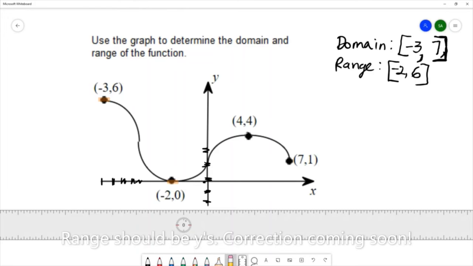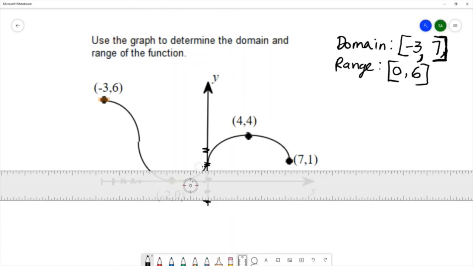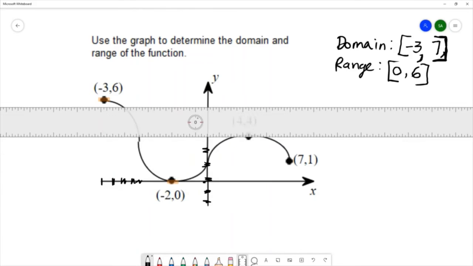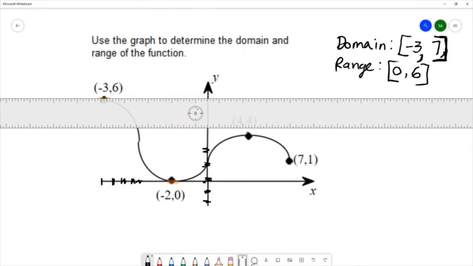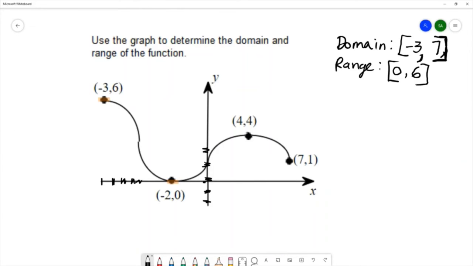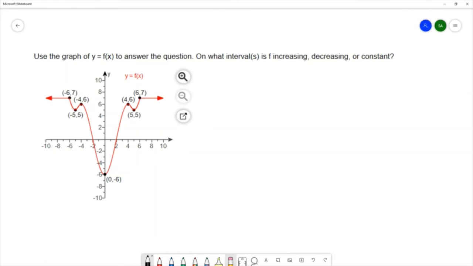So let's correct that. And we have our range starting at 0 and continuing on until we get to this y value here of 6. So the range is actually from 0 to 6.